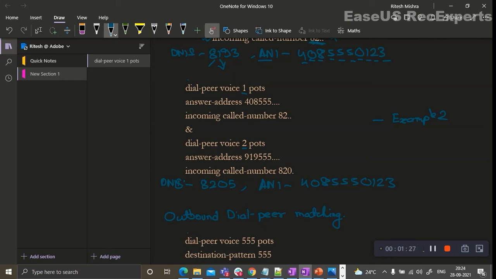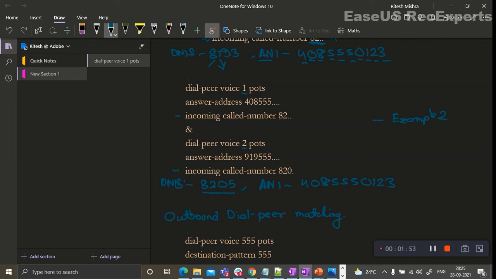As both dial pairs have the incoming called number command, our router will check these commands first and will try to match the pattern, because the incoming called number command has the highest priority. Let's see the first dial pair. It has 82 dot dot, which matches the pattern 8205.